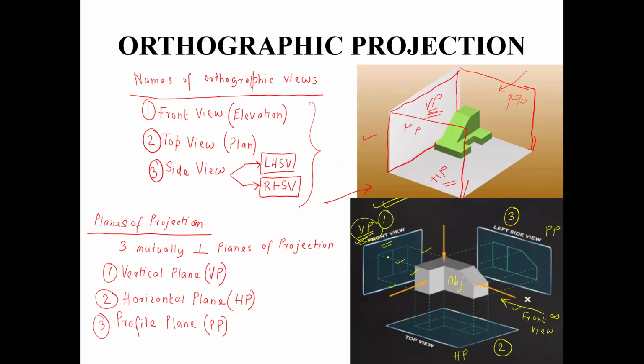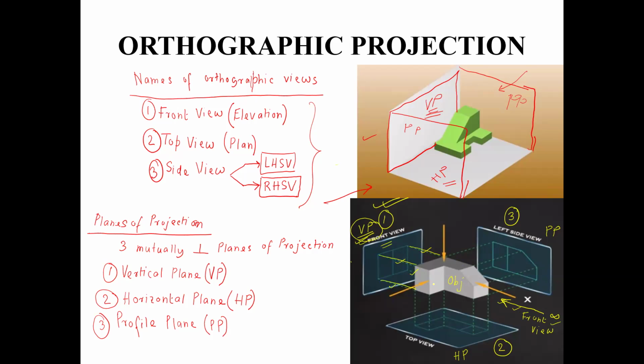So how will you get the front view of the object? You have to imagine that you are looking at the object from the front from a theoretically infinite distance. So this arrow represents the direction of viewing. So when you are looking at the object from the front, then the projectors will be represented by this set of imaginary lines.